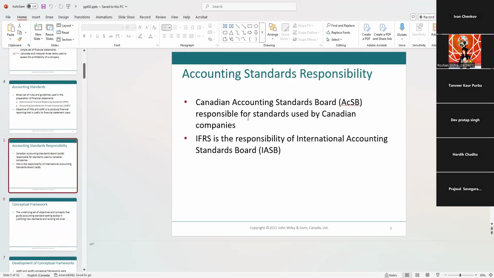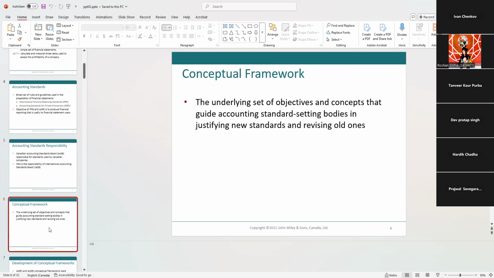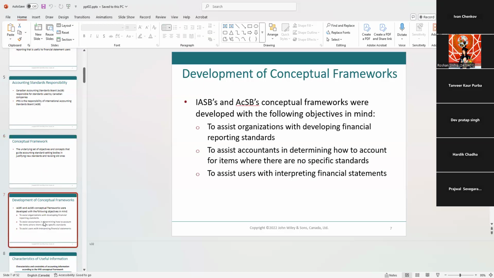All the accounting standards have objectives and concepts. That's the foundation of the standards. Those objectives and concepts are expressed as a conceptual framework, which is developed by the International Accounting Standard Board and the Accounting Standard Board in Canada.